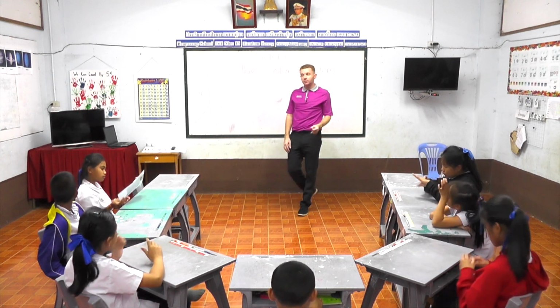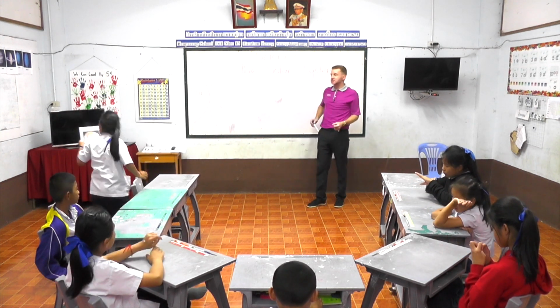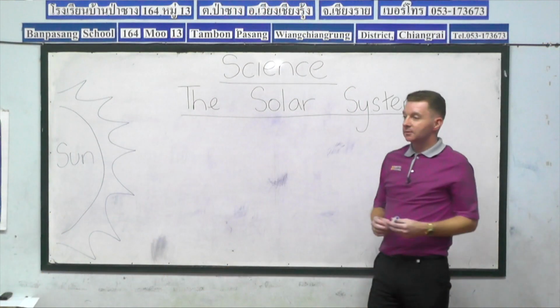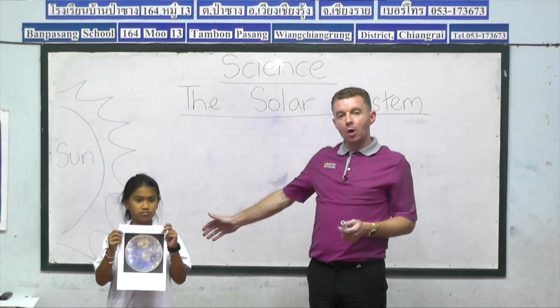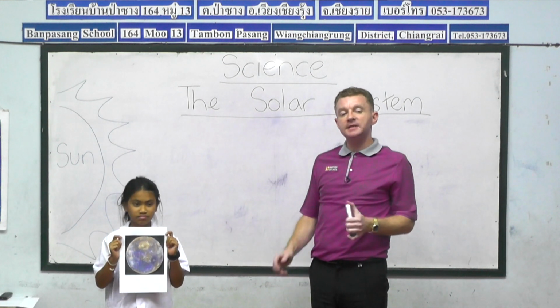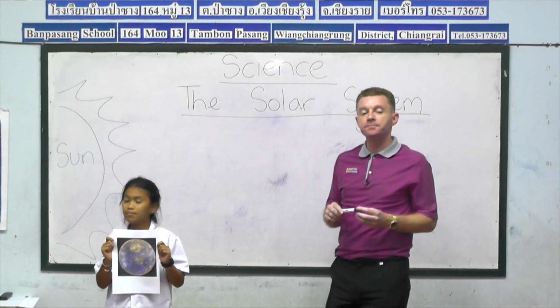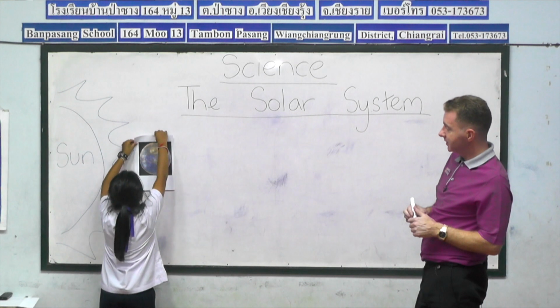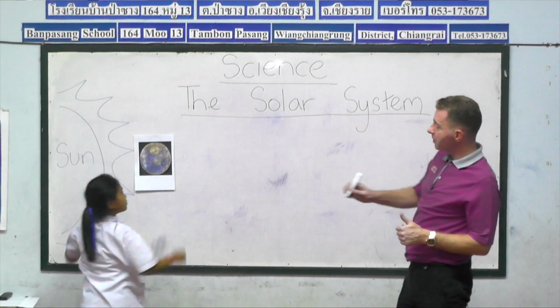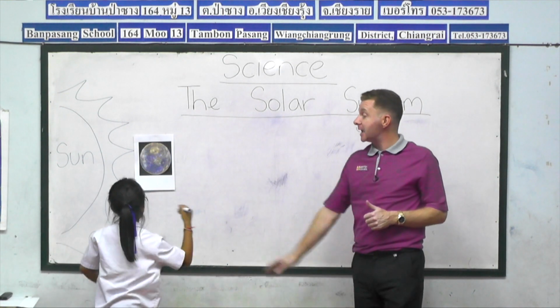Pak Bung, can you come and join me at the front of class? So Pak Bung, can you show the closest planet to the sun, guys? What's the name of our planet beginning with M? Mercury is right. So Pak Bung, can you place it closest to the sun? And then underneath the planet, can you spell the name Mercury correctly?